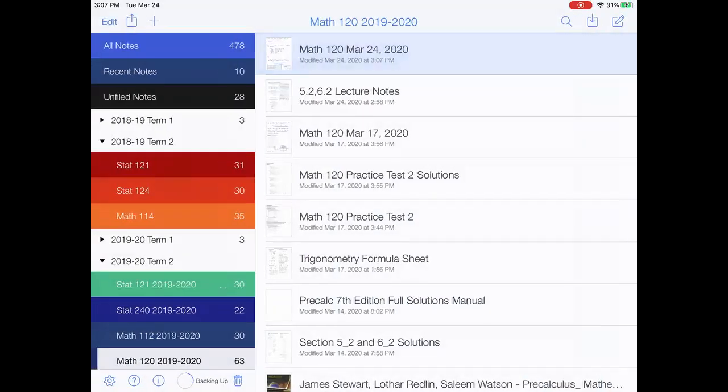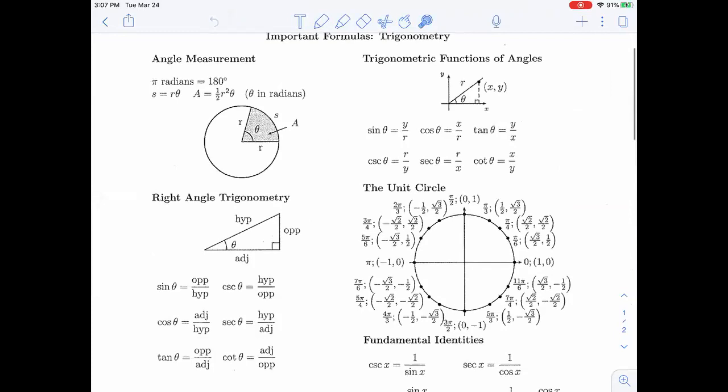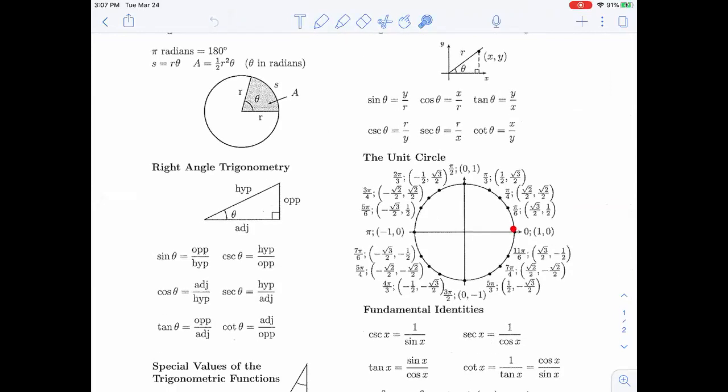And we saw that in our unit circle too. As we move to a pi/6 point, the x value was always √3/2. It just depended on if it was positive or negative, negative, and then back to positive.